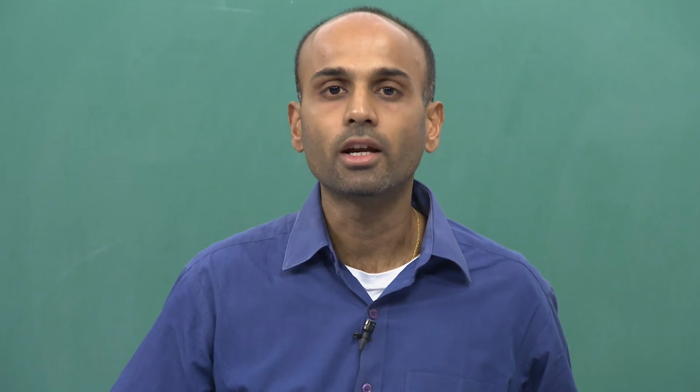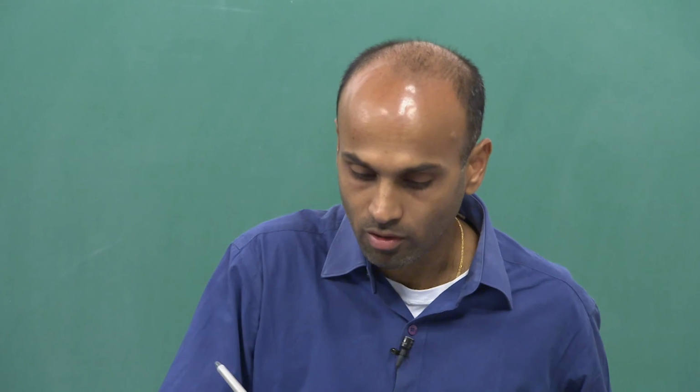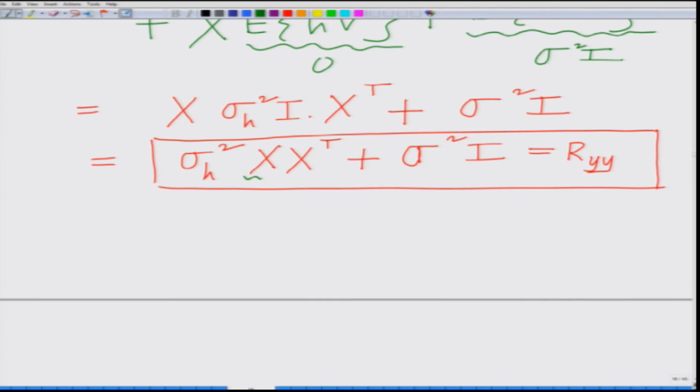Observe the dimension of this matrix: x is n cross m and x transpose is m cross n. So R y y is basically n cross n, and this identity matrix is naturally also n cross n.